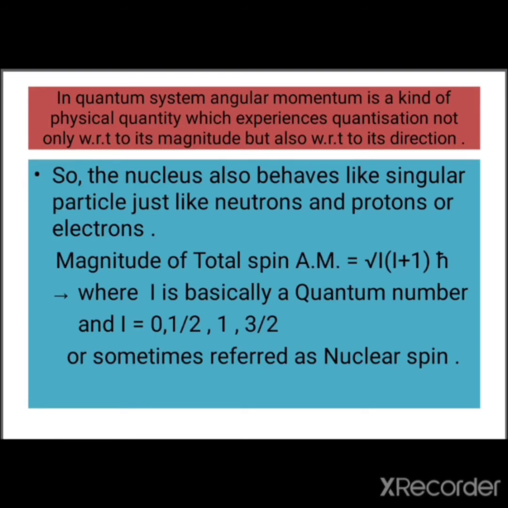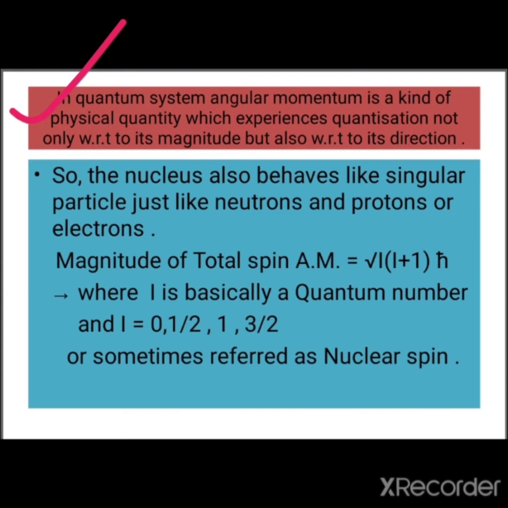So in a quantum system, angular momentum is a physical quantity which experiences quantization not only with respect to its magnitude but also with respect to its direction. So the nucleus behaves like a singular particle, just like neutrons, protons or electrons.